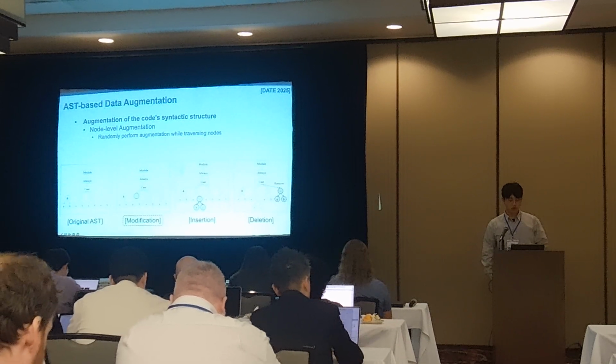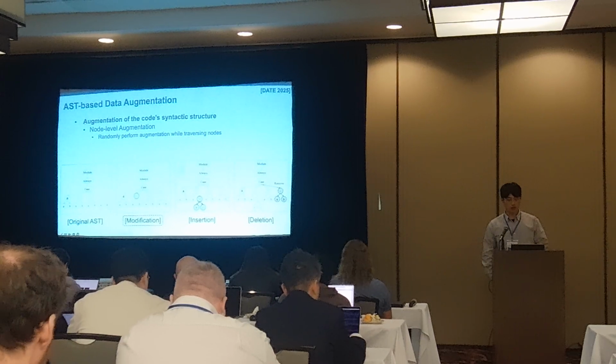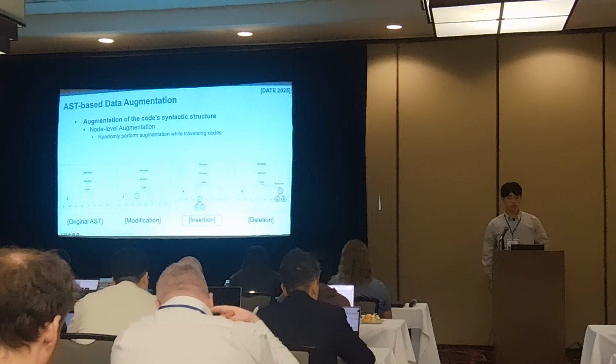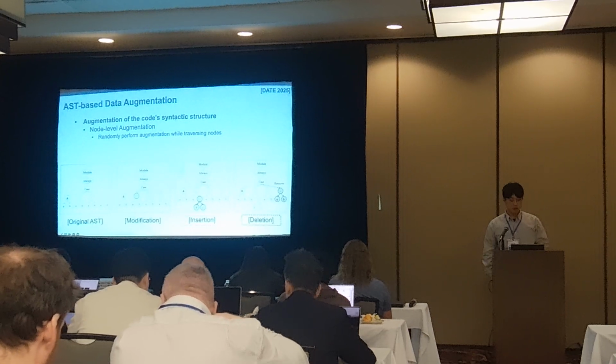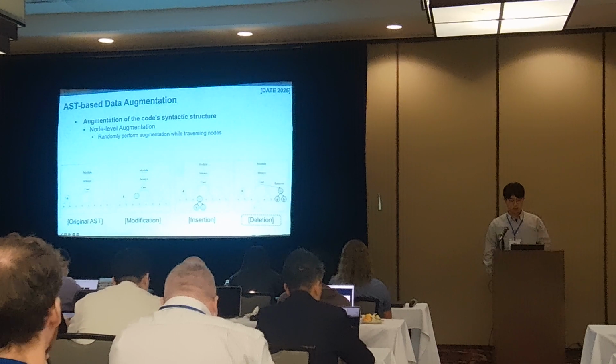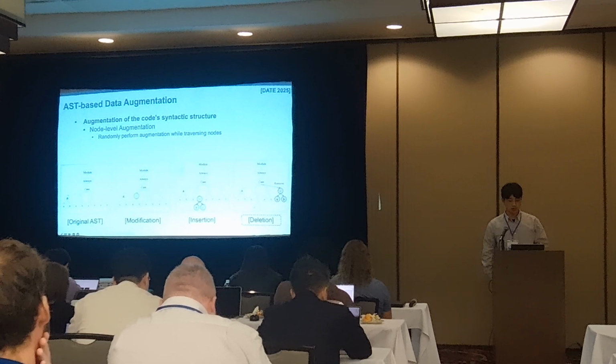For modification, we swap a node with another of the same type, keeping the overall AST structure intact. For insertion, we add new nodes beneath the leaf node, making the AST deeper. For deletion, we remove a target node along with its children and clean up any unused variables.